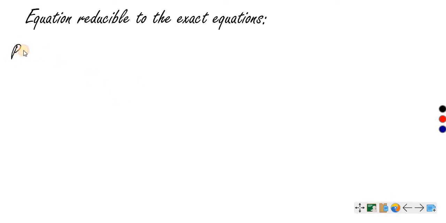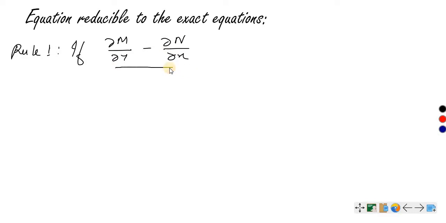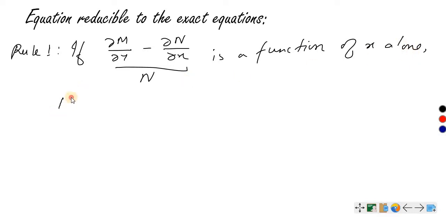So rule number 1 is that if partial differentiation of M with respect to y minus partial differentiation of N with respect to x, divided by N, is a function of x alone, then the integrating factor I.F. is equal to e to the power integration f of x dx.